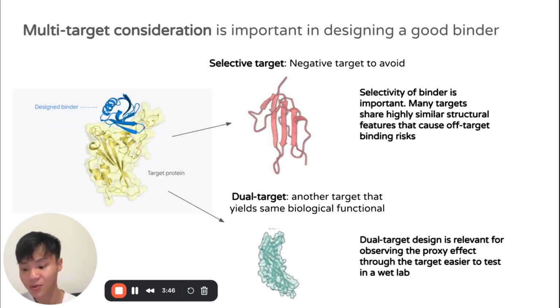In this hackathon, there are two main use cases that mostly benefit from this framework: designing selective targets, which is very important for binders that cause off-target binding risk, or designing binders towards dual targets that addresses the Adaptyv Bio sub-challenge, which is relevant for observing a proxy effect through the easier target to test in the wet lab.